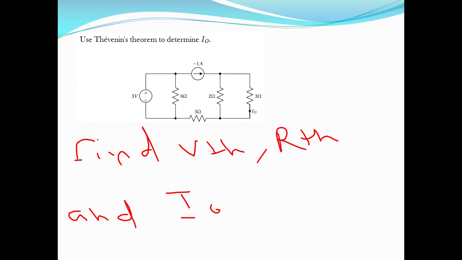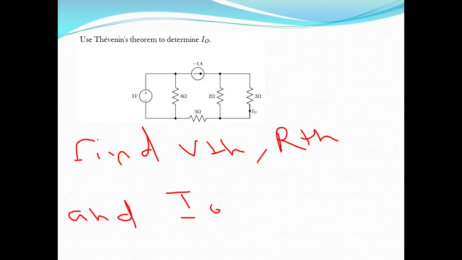Now we take a problem and solve it using Thevenin theorem. In the given problem we have to find the value of current I0 in a 3 ohm resistance. So first we have to find VTH, RTH and then I0.